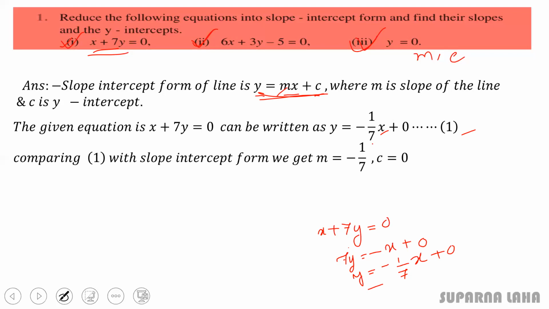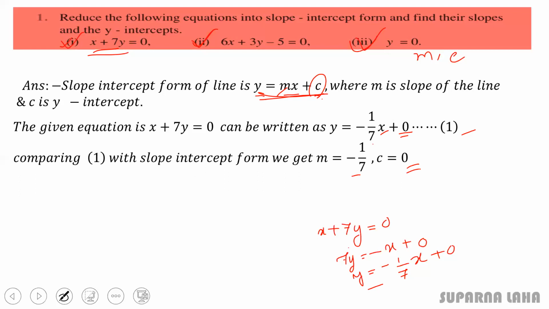So m is minus 1 upon 7, and the constant term c is 0. You need to represent the equation in slope-intercept form and find the slope and the y-intercept, that is c. So here the slope is minus 1 by 7 and c is 0.